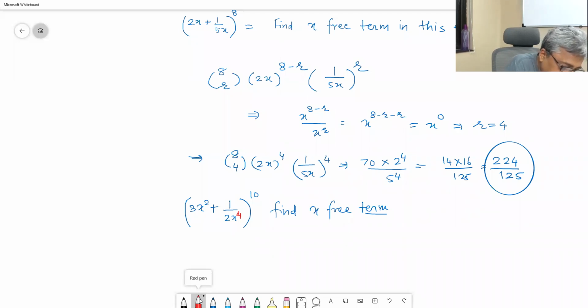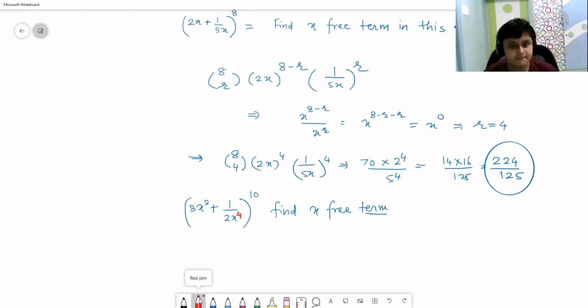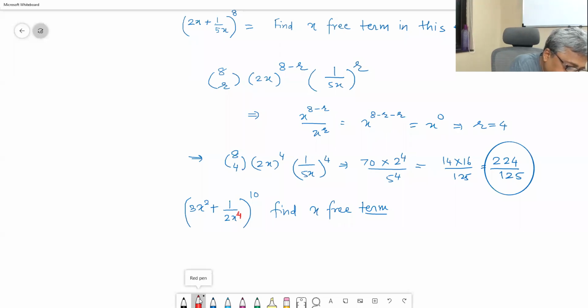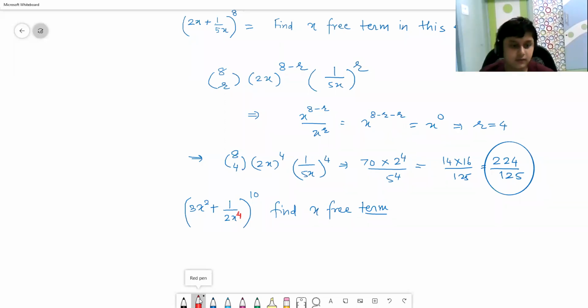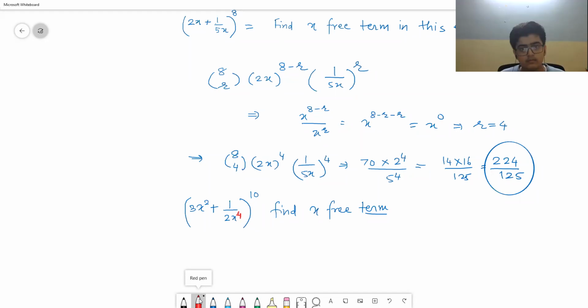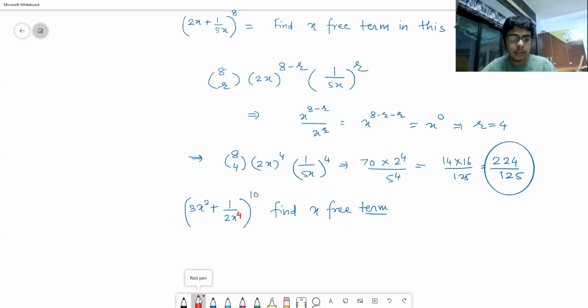Still it is not. But instead, we can make 2x squared. Yes, sir, we can take 12. Yes, we can do this one.